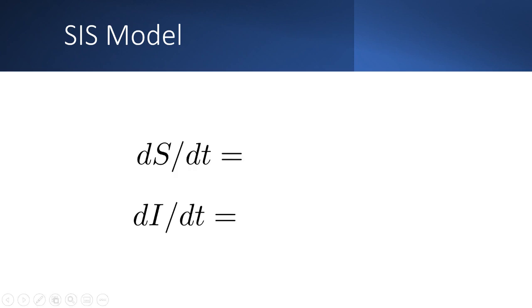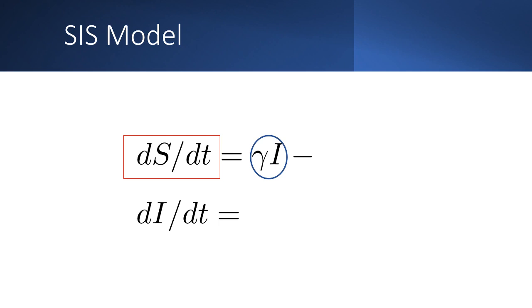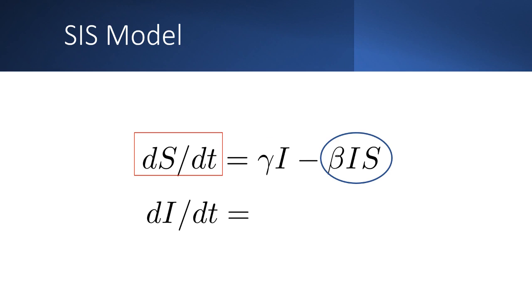So the differential equations I would use in the model in R are dS/dt and dI/dt. The dS/dt, I would use to model how the number of individuals who are susceptible to getting the disease change over time. And that is dependent on the proportion of infected people that recover from the disease minus the proportion of susceptible who get infected.